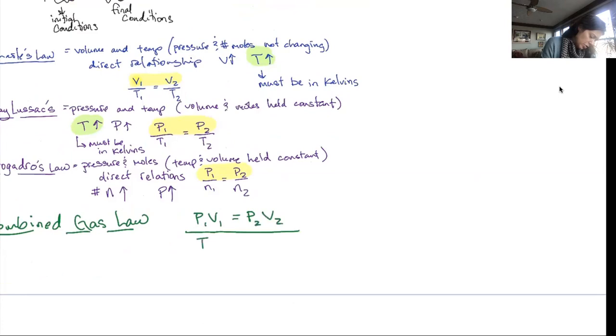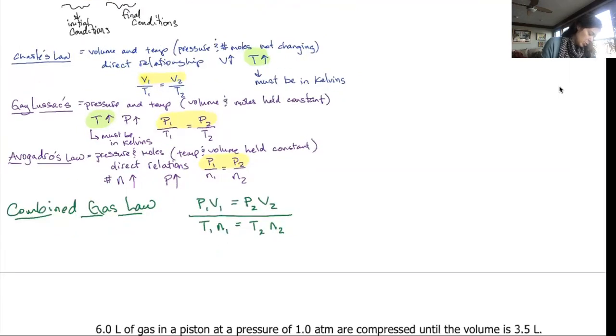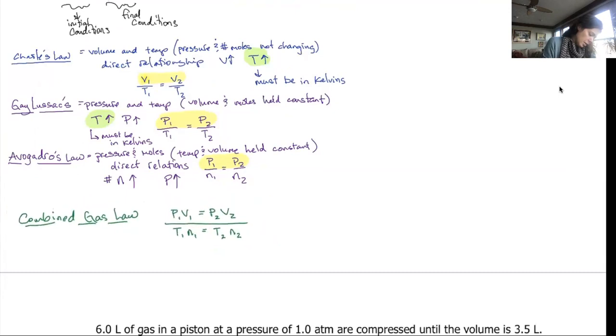And the temperature and the number of moles of gas will always be on bottom. That's because of how they're related directly versus indirectly. Okay? Now, temperature must be in kelvins.